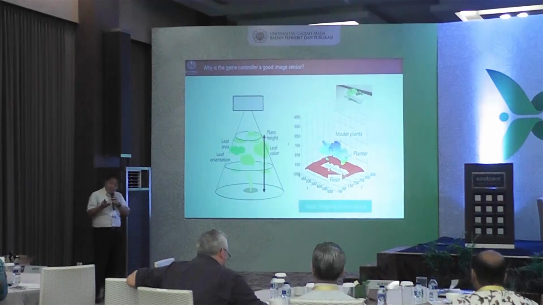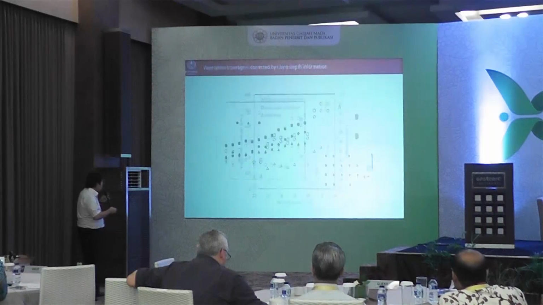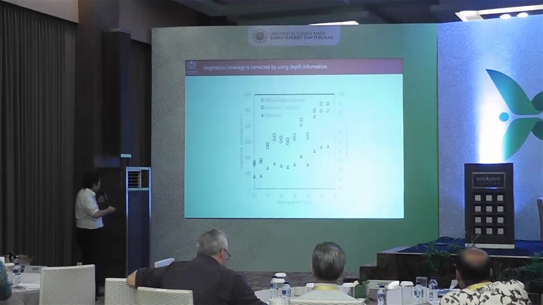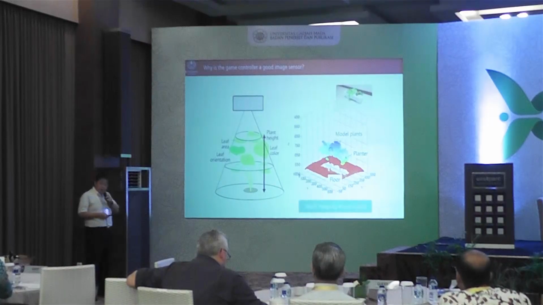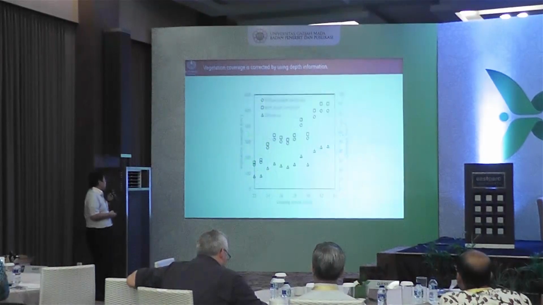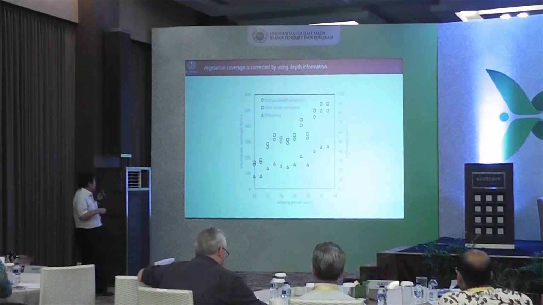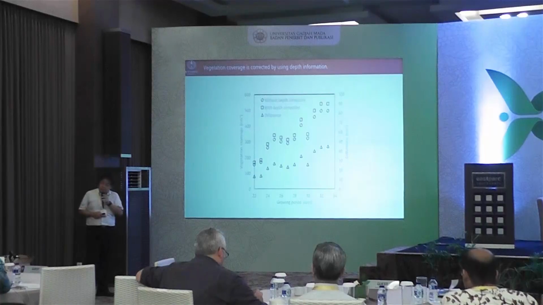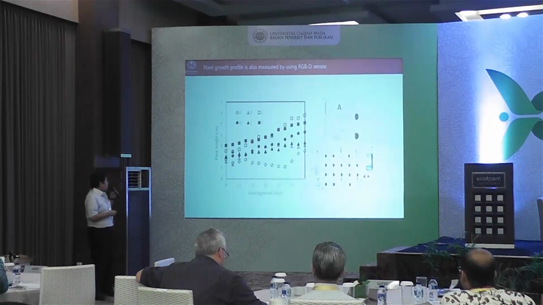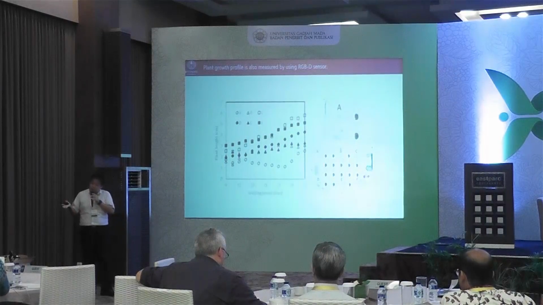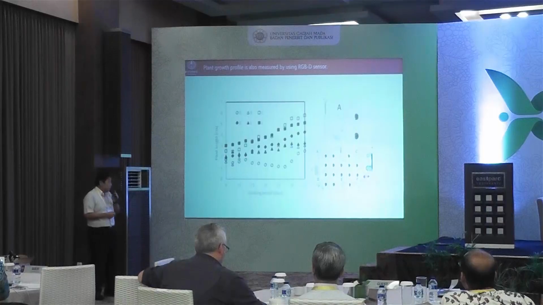But this is not 3D, it is what we call 2.5D, because we do not know about the hidden part. We can catch the information of vegetation coverage by using this sensor, and then we can get the information of plant growth by date.